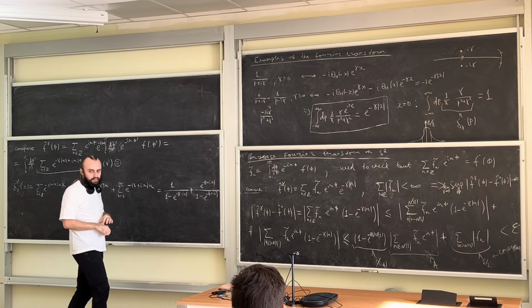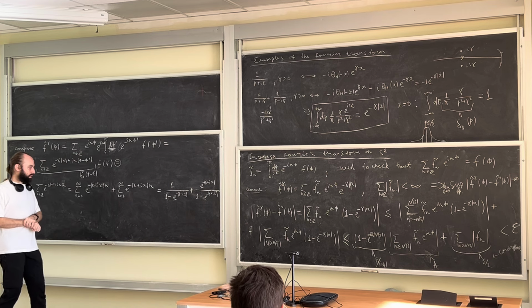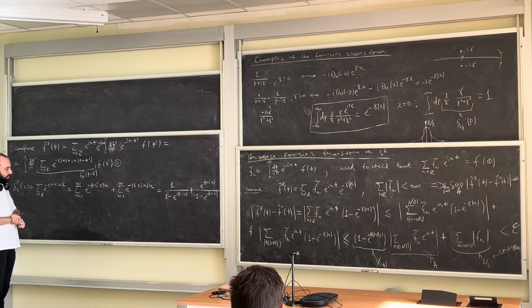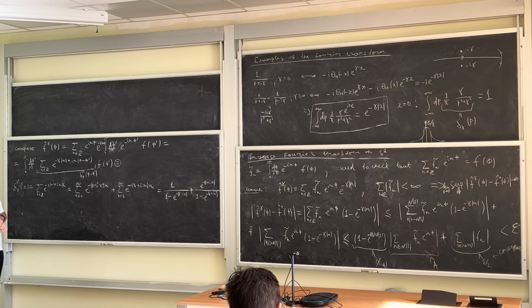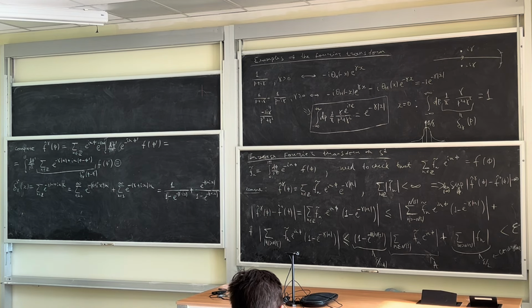Yeah, so we have some expression. Do we say that gamma minus ix and gamma plus ix should be in modulus less than 1? Oh, no, sorry.